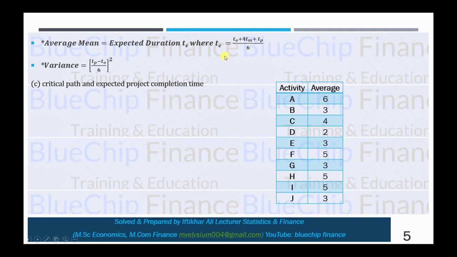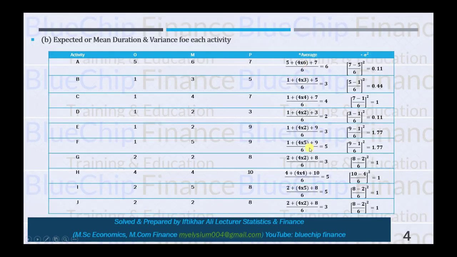For average, the formula is optimistic time plus 4 multiplied by most likely time plus pessimistic time, divided by 6. So here the formula is applied: your optimistic time is 5, plus 4 multiplied by the most likely time, plus the pessimistic time, divided by 6, equals 6.